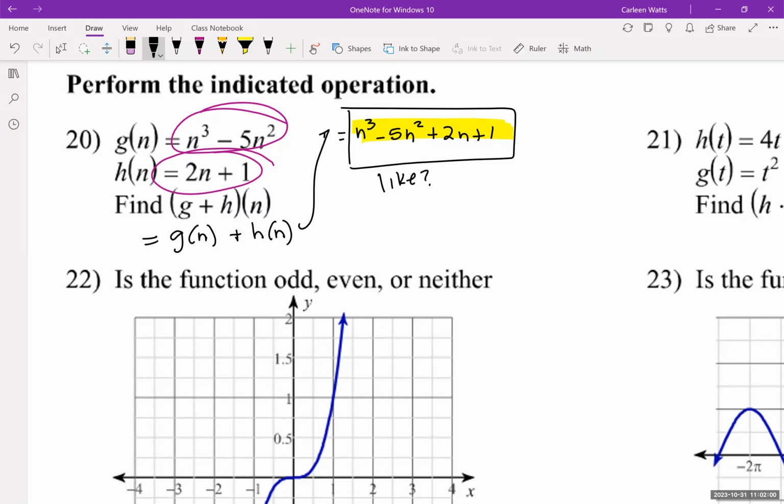Let's see, I have an exponent of 3, exponent of 2, exponent of 1, linear term. No. Can we see that these are not like terms? You can only combine them if they are like terms. Therefore, it's done. There are no like terms to combine. The exponent has to match.